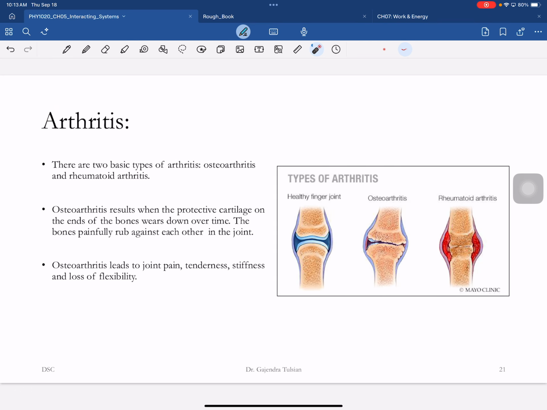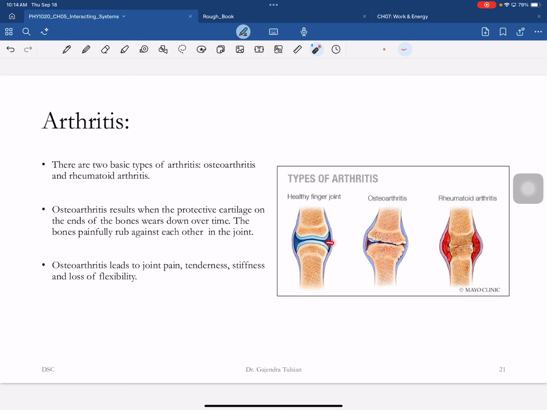So here's a consequence of friction. You have joints where things move against each other. And how long do those joints have to last? A lifetime. And if friction increases, that hurts. So of course you have things to minimize friction.